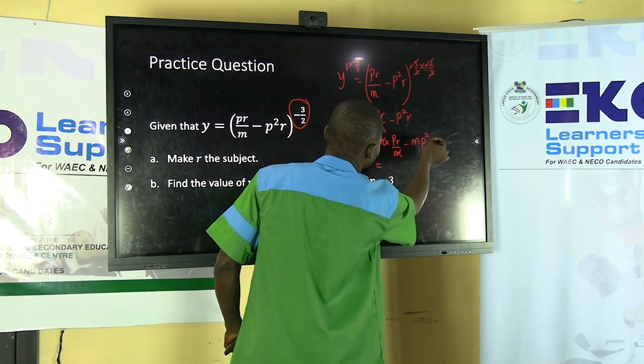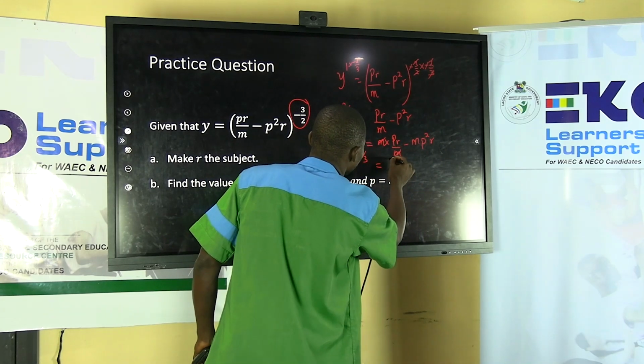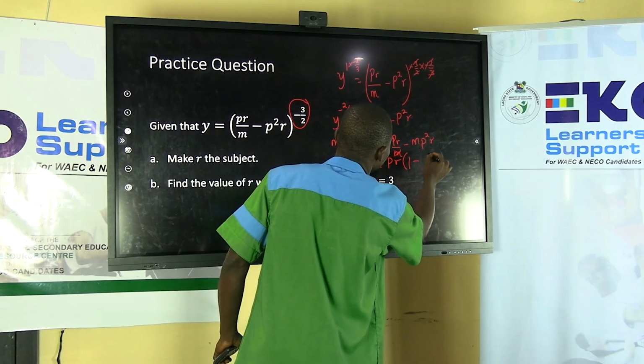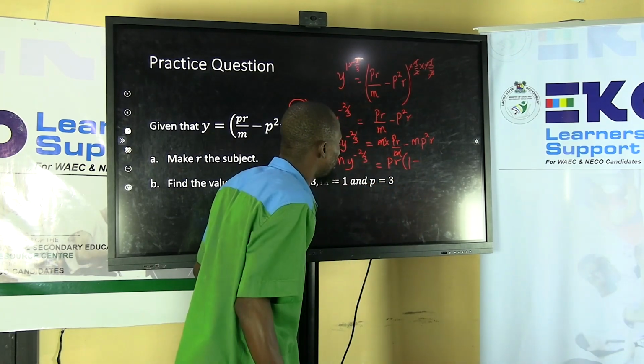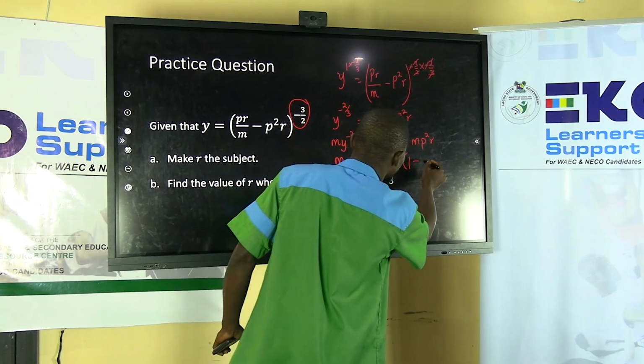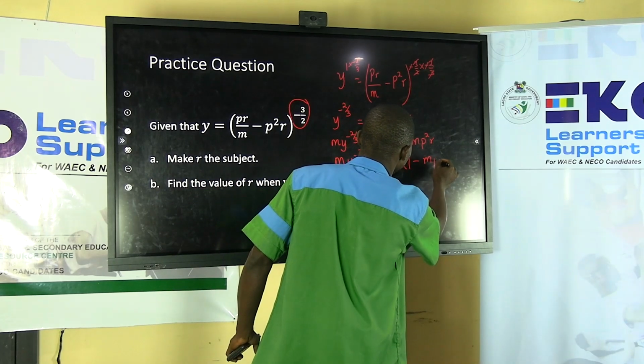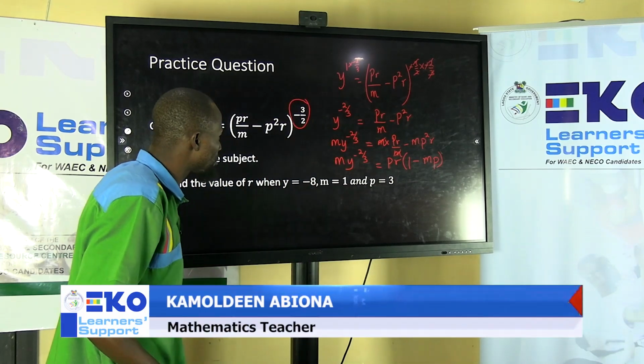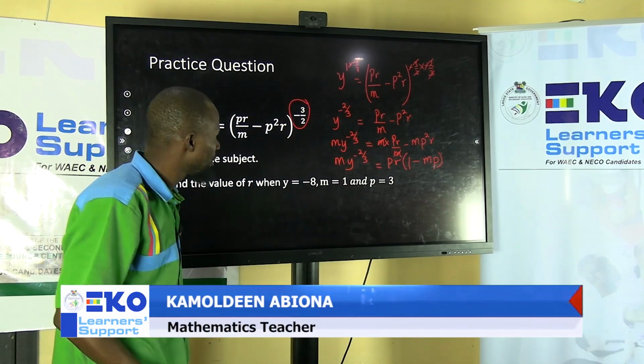So this PR is common. PR is common. We have 1 left minus MP. So that is what we have when you factorize.